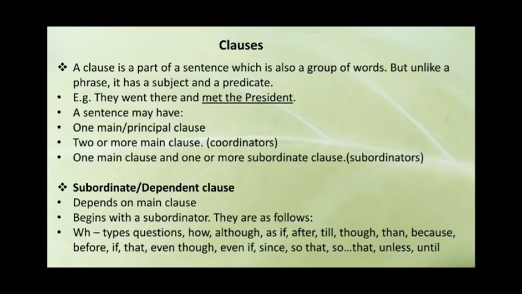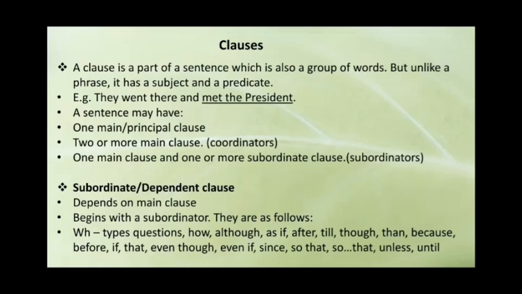So it begins with a subordinator. As I told you all, a subordinator is a conjunction. It can begin with WH words like what, when, and even how, although, as if, after, till, though, than, because, before, if, that, even though, even if, since, so that, so, unless, and until.